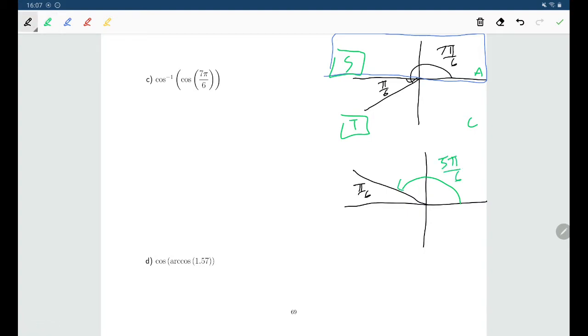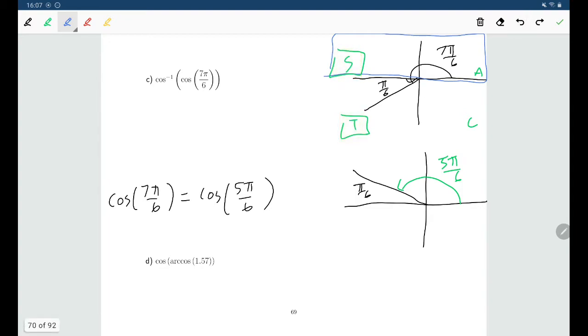So one thing that we've just discovered is that cosine of 7 pi over 6 should be equal to cosine of 5 pi over 6. The reason being is that they both have a reference angle of pi over 6, and that they're both in quadrants where cosine happens to be negative.